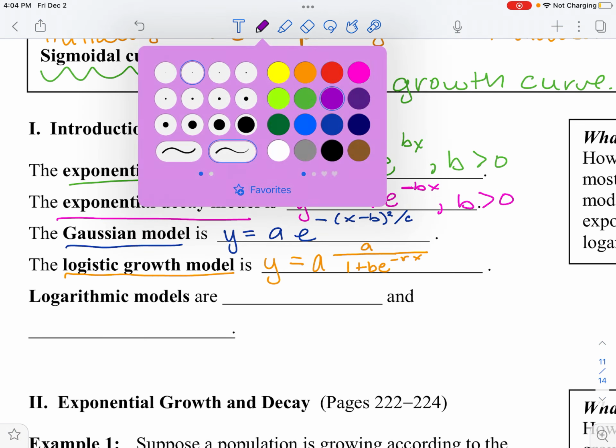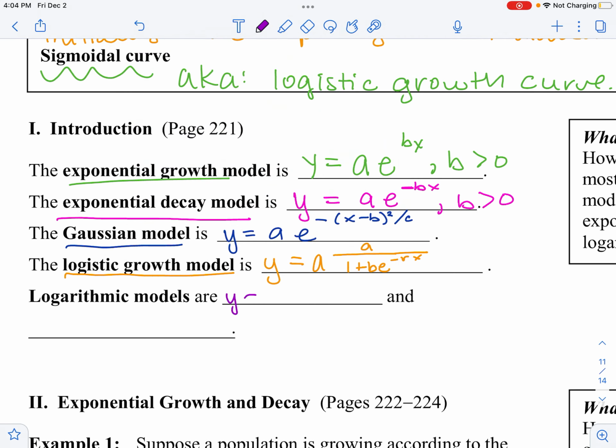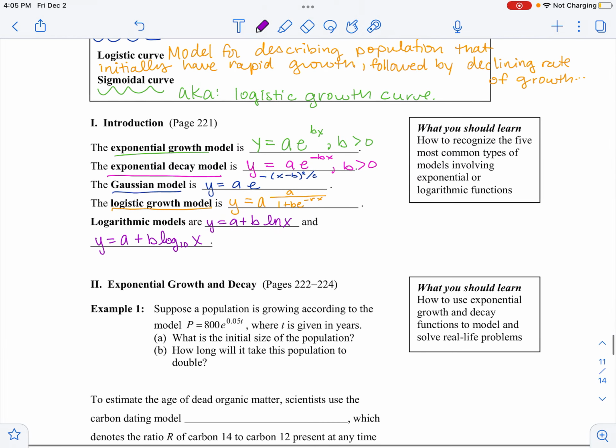And the logarithmic model is y equals a plus b times the ln of x. You can also say y equals a plus b times the log base 10 of x, depending on which type of log you're talking about.